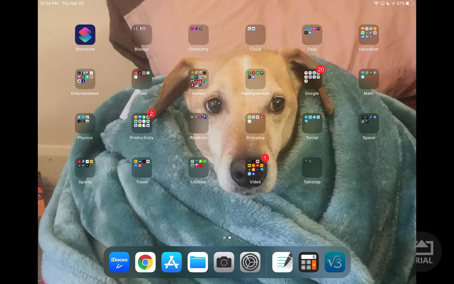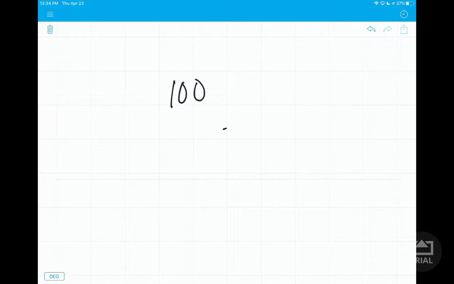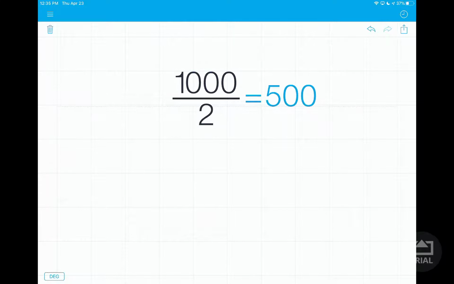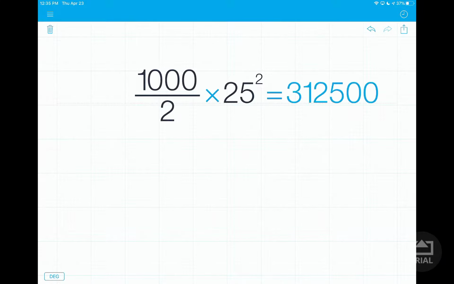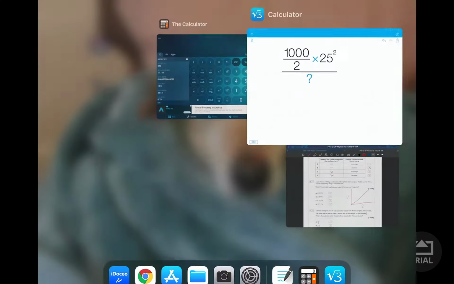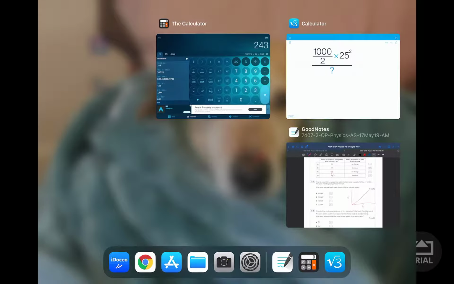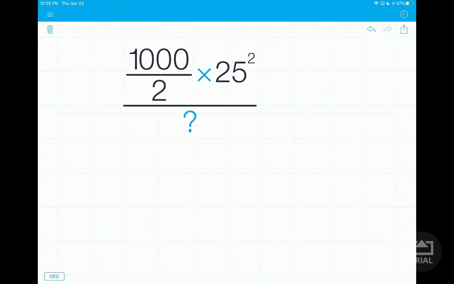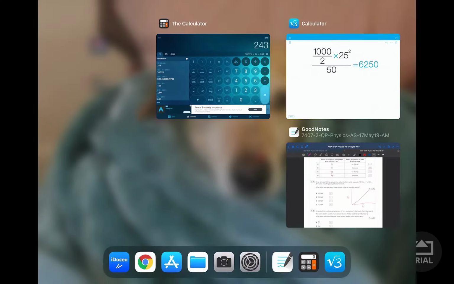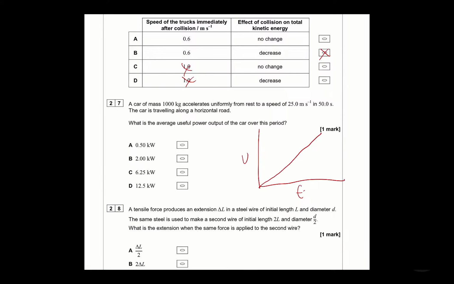1,000, divided by time, 50. So we got 6.25 kilowatts there.